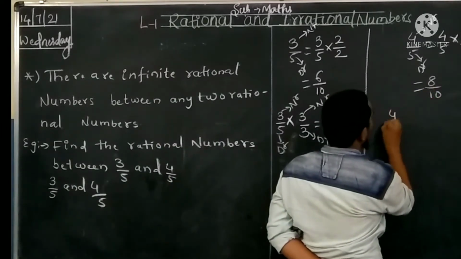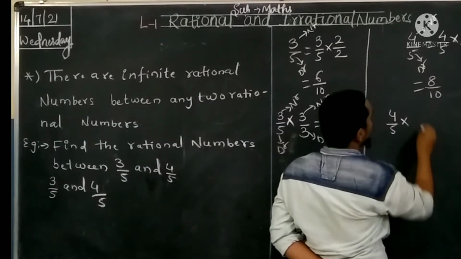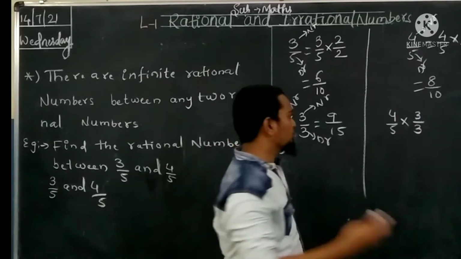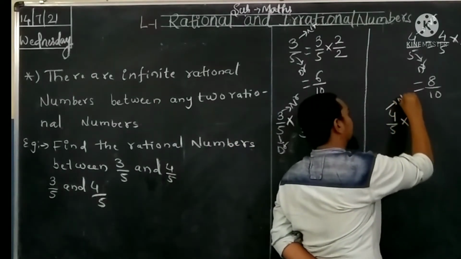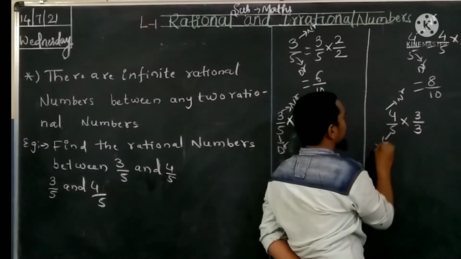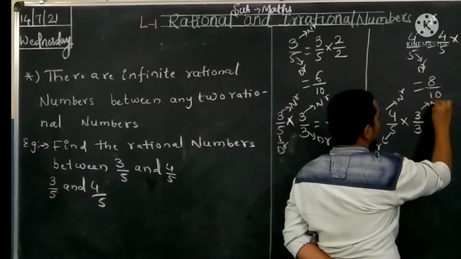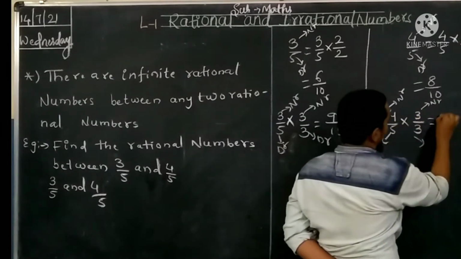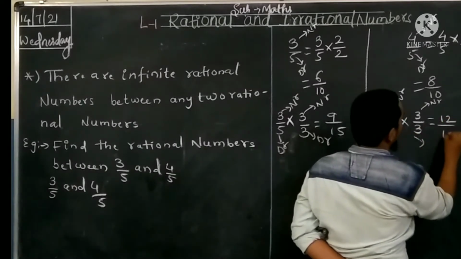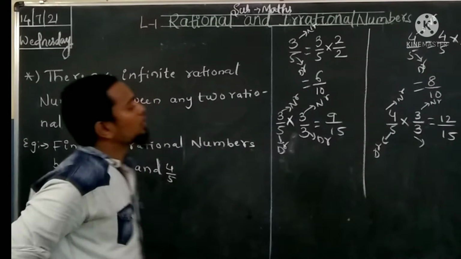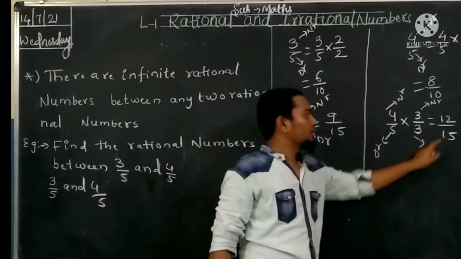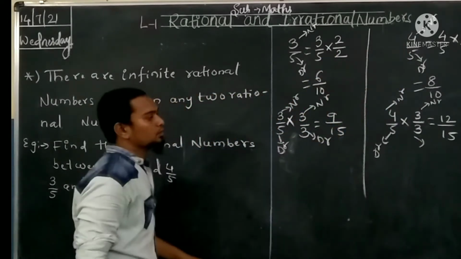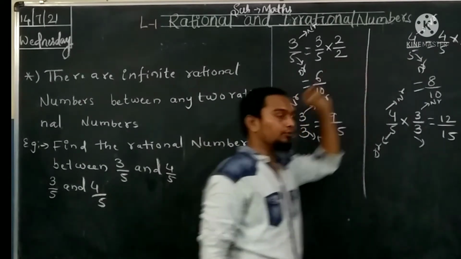Next, 4 upon 5 is multiplied by 3 upon 3, both numerator and denominator, equals 4 3s are 12 and 5 3s are 15. Next, 12 upon 15 is equivalent to 4 upon 5.